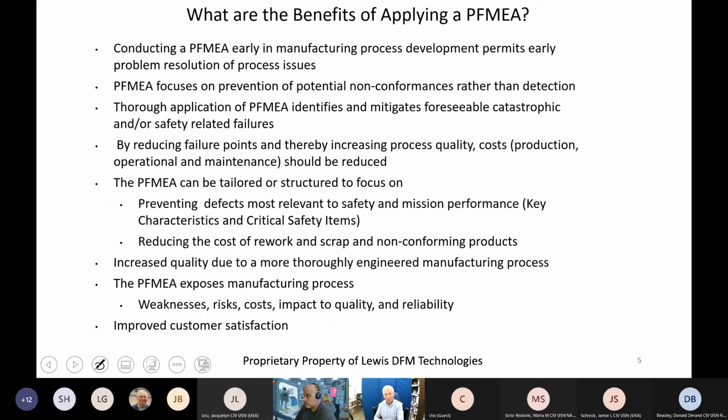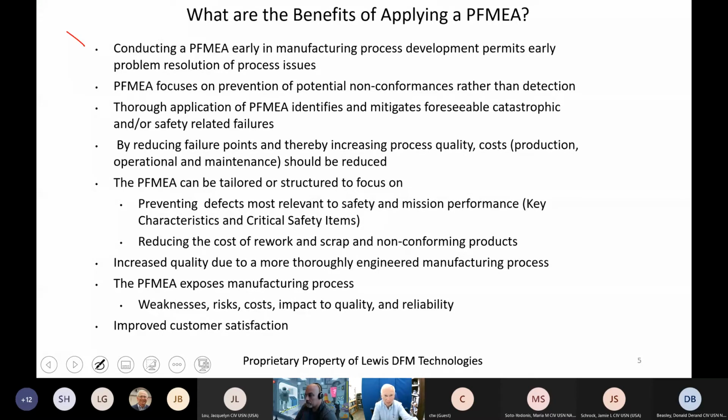What are the benefits of applying a PFMEA? I've got a lot of them. There are more than I can put on this page. It's a really smart thing, good thing to do, but we're going to go through these one at a time. Conducting a PFMEA early in the manufacturing process development permits early problem resolution of process-related, manufacturing-related issues.